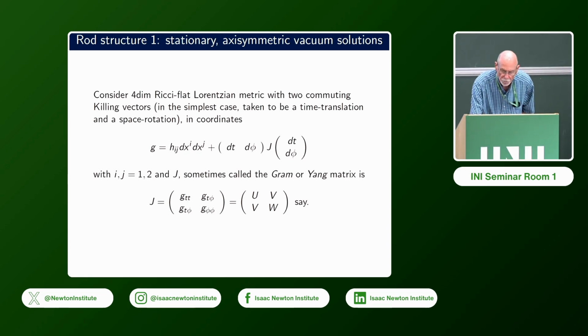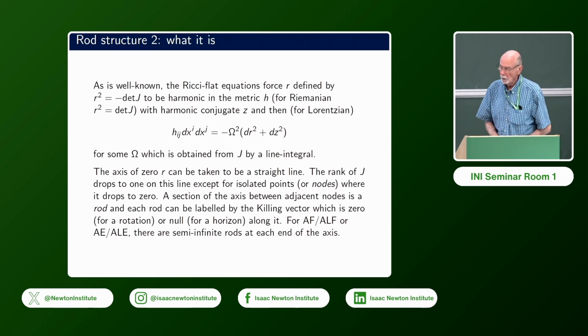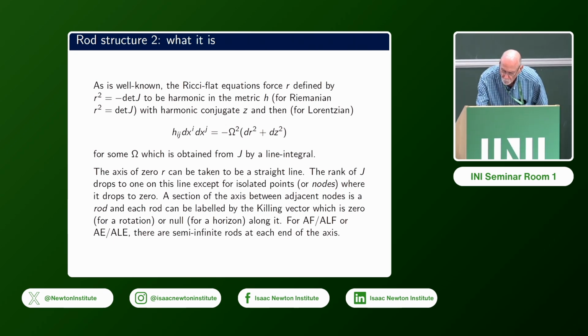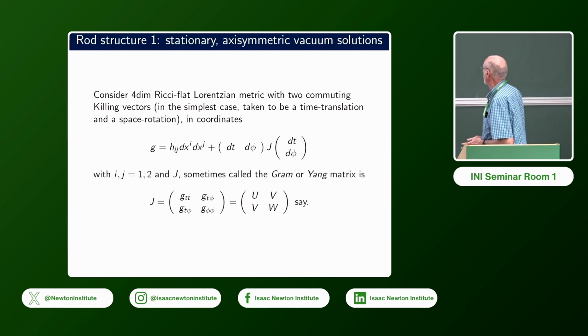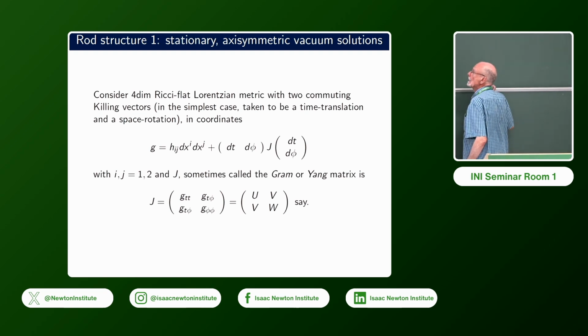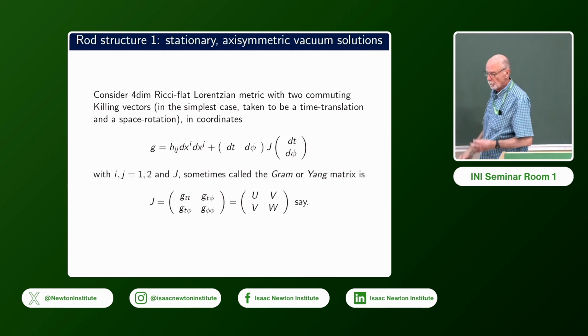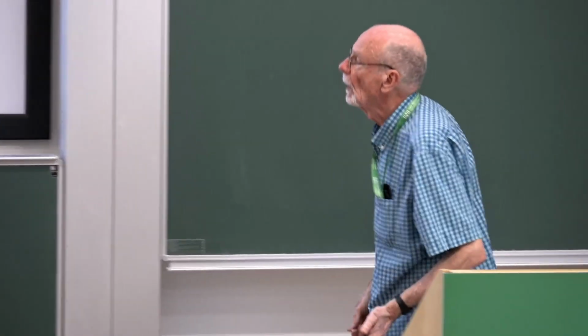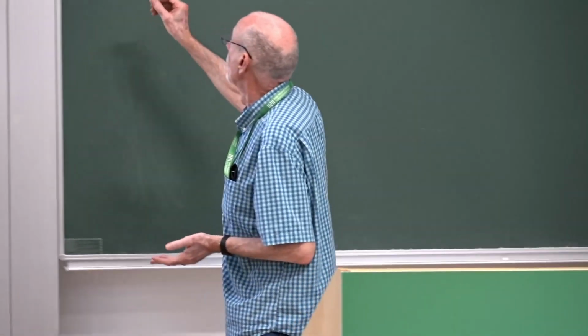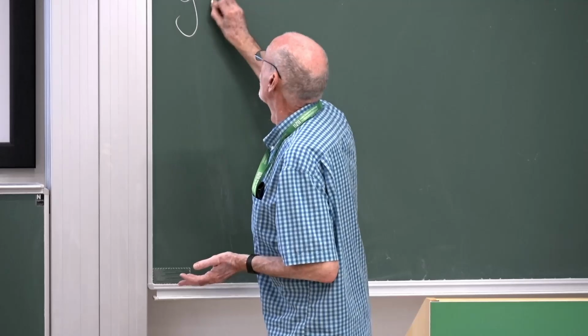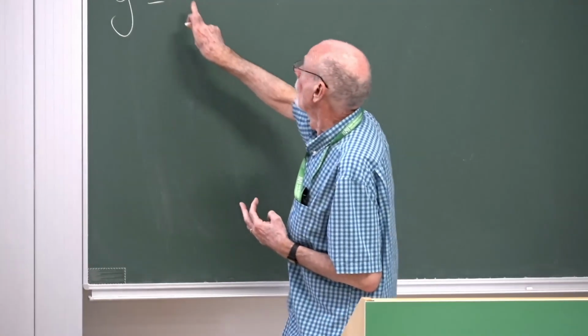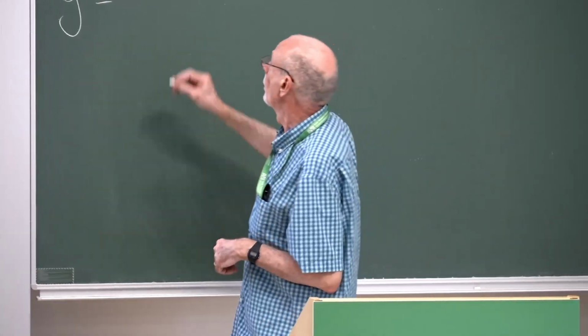Now, where's the rod structure? Actually, what I ought to do is write this metric. Now, if I'm Lorentzian, and especially if I did my PhD in Oxford, the signature is +1 and 3 minuses.